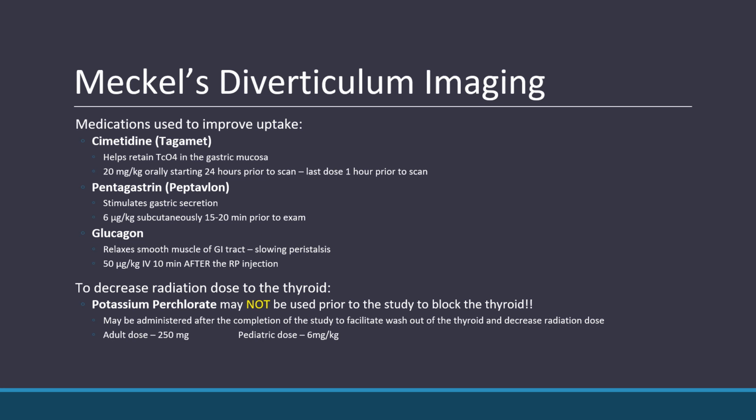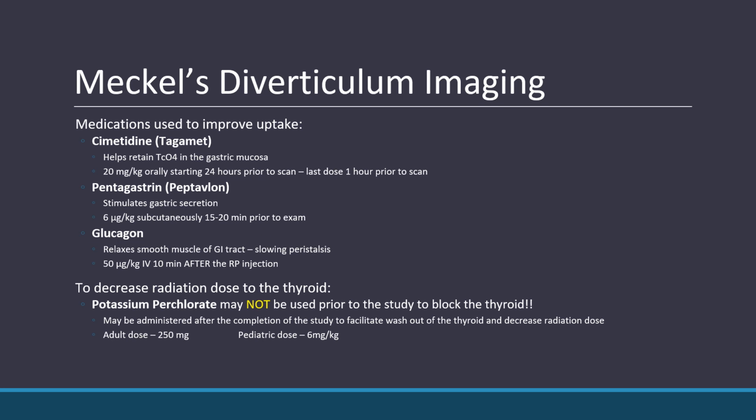Another optional medication is potassium perchlorate. Now remember, you can't give potassium perchlorate before the radiopharmaceutical injection because it will keep it from uptaking into the gastric mucosa or ectopic gastric mucosa. But afterwards, it can block the thyroid and reduce the radiation dose to the thyroid.